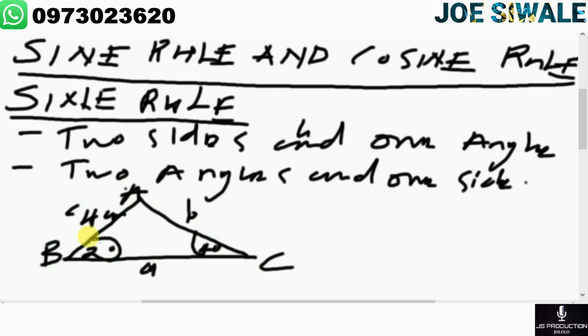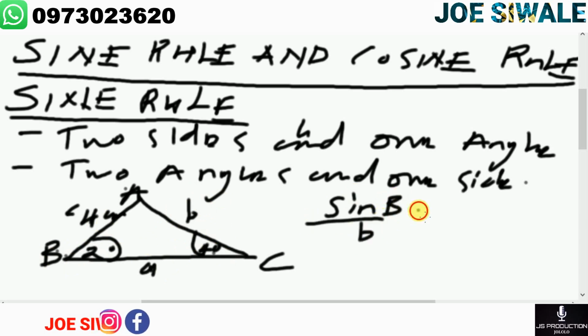And how you can use the sine rule: sine of the angle B here, which will be sine 2 divided by b here, and we're going to say sine 40 divided by 4. The reason why you're going to use the sine rule is because you have been told to calculate this length. So here you can say sine B over small letter b is equal to sine C over small letter c.